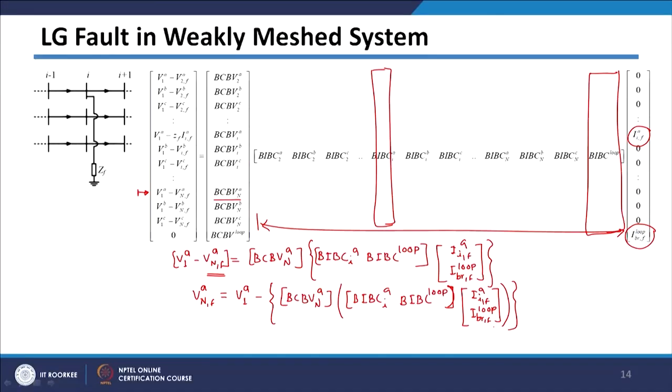So this is how we can get the post fault voltages of any bus.